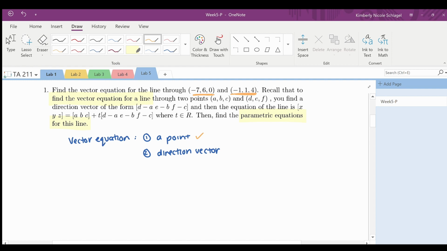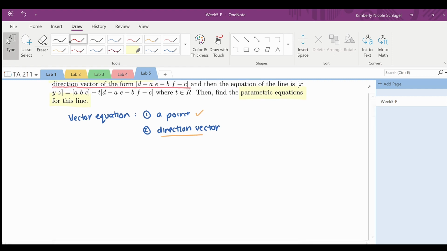So in order to find a direction vector, and it's given right here in the question, but I'll go over it still, it says a direction vector of the form this guy. So essentially what you're doing is you're taking this one point and you're subtracting this other point. And I'll show you what it looks like here.